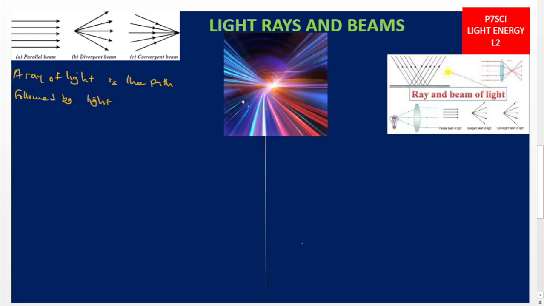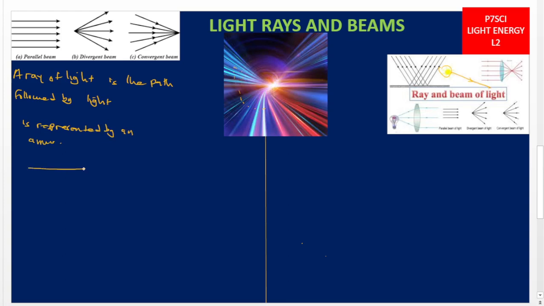As you are seeing these lines, they show you where light is passing. When you look at the sun producing light, this path followed by light is what we call a ray. So a ray of light is the path followed by light, and this ray is represented by an arrow.